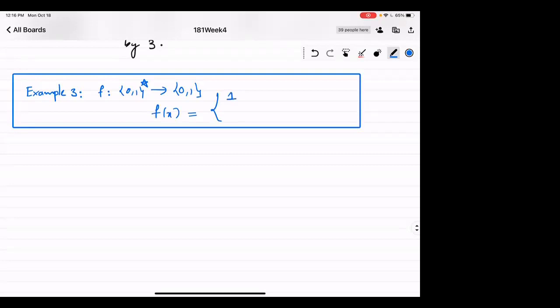It just checks if the string x ends with a 1 at the very end. The only thing it's supposed to do is take your entire input and see if the last bit is a 1 or a 0. If it's a 1, you have to say 1. If it's a 0, you have to say 0. So how can I compute this using a deterministic finite automaton? Any suggestions?